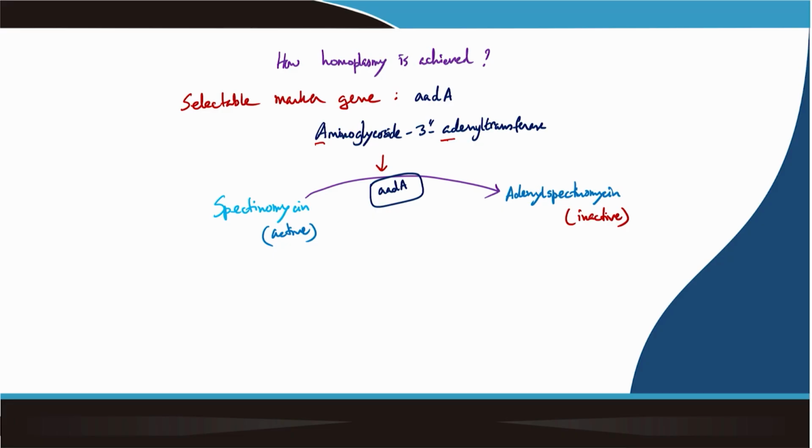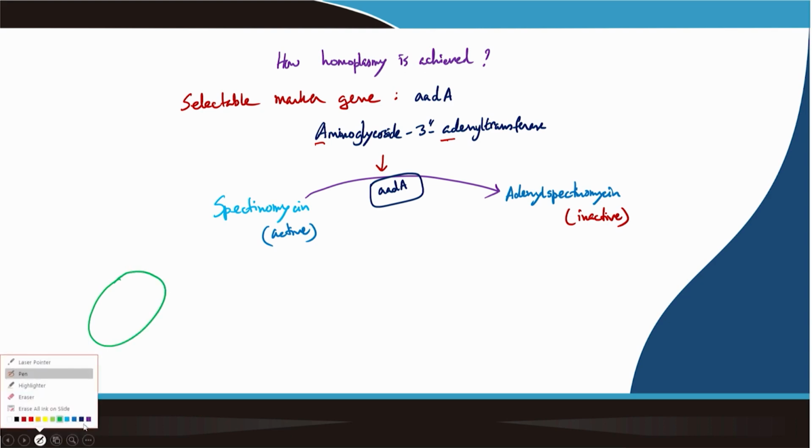So how is it being done? I will show it in another schematic diagram. Say, for example, this is the plastid which contains several circular DNA, and it receives the gene, one or two.